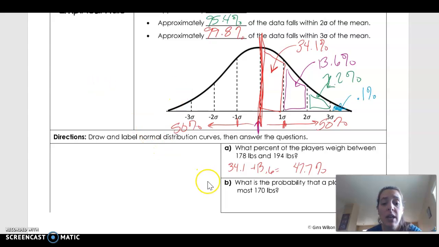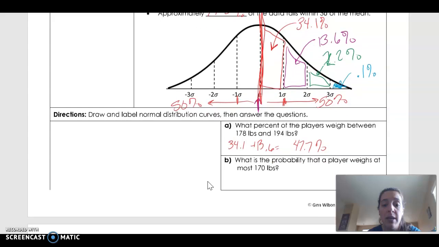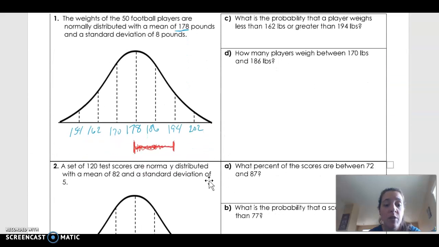Okay? So then looking at part B, what is the probability that a player weighs at most 170 pounds? So when I'm dealing with at most, that tells me I'm looking at 170 and I'm looking in this direction, because it could be anywhere less than that. So we can look at what all of these add together, or I can look at what these add and then subtract them from 1.